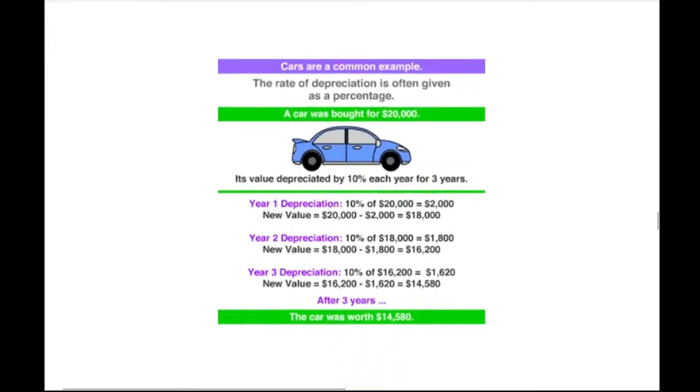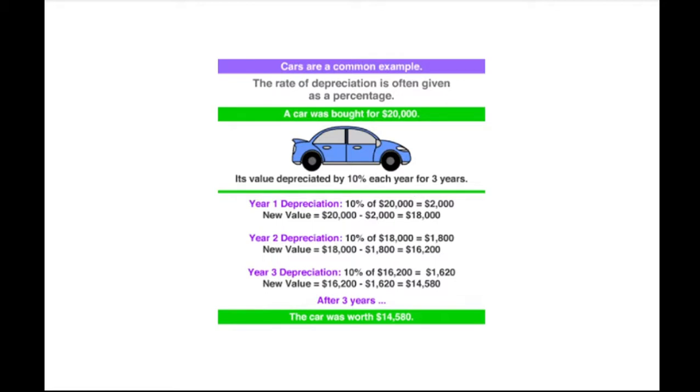Cars, again, are a common example, and when we're dealing with cars, usually the rate of depreciation is given as a percentage. So just as an example, we can see here a car was bought for $20,000, right? An average price for a basic car, for the base model. You could say that its value depreciated by 10% each year for 3 years.